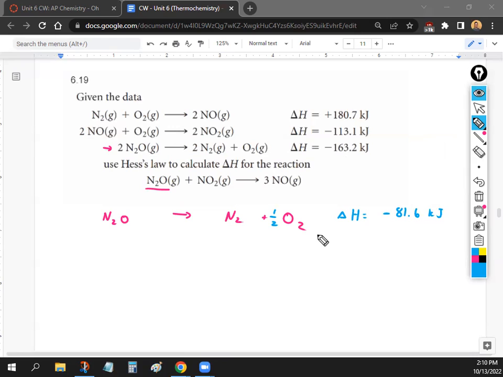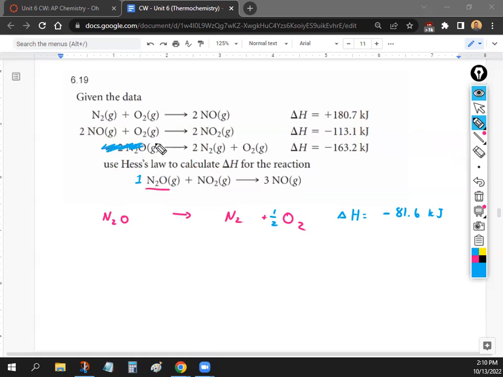So it's going to be this reaction right here. The reason we chose to start with this reaction is because N2O needs to be in the final reaction. Then we divided it by 2 so that we have just 1 N2O in the final reaction like this.